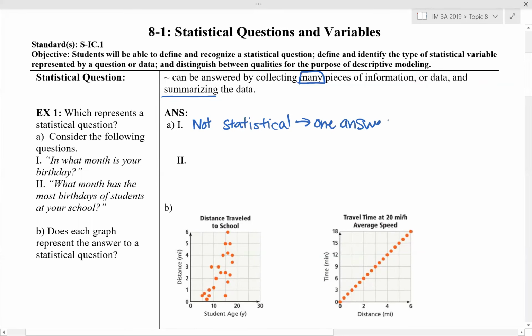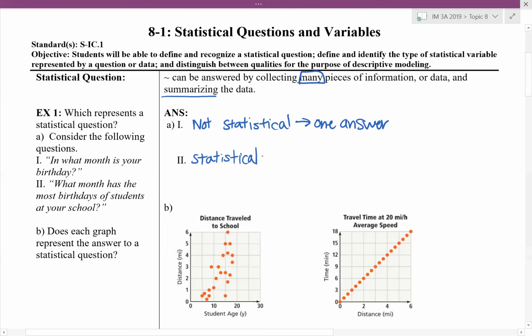Versus if we change the question a little bit and say, what month has the most birthdays of students at your school? Now you're asking many people the same question, what month is your birthday, and you're collecting that information. So the statistical question is something where I can collect many pieces of information or data and summarize.